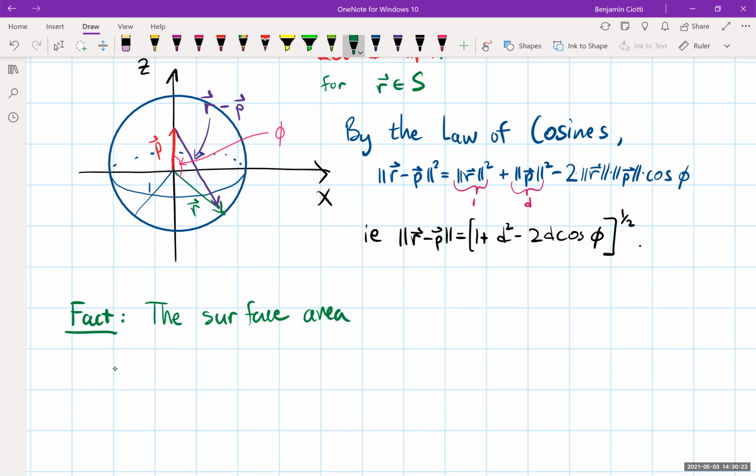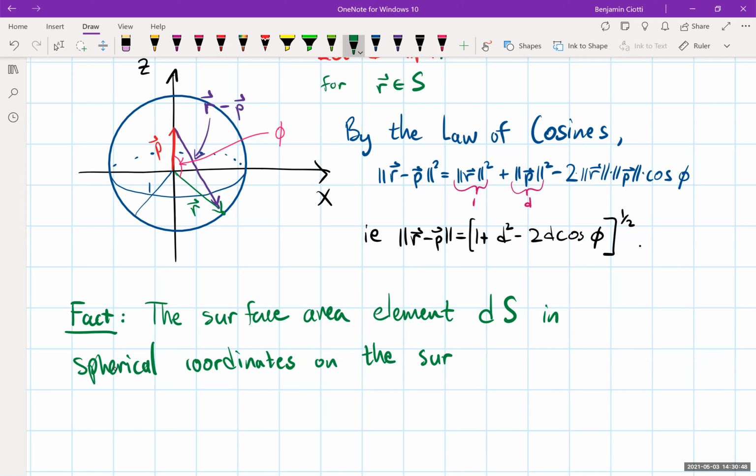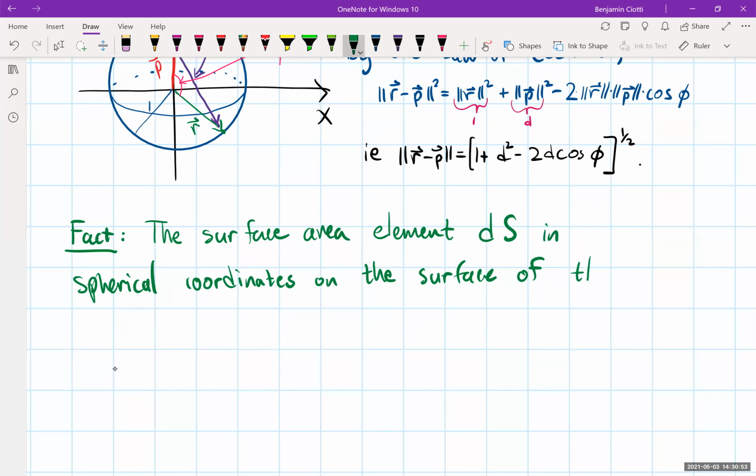So the surface area element dS in spherical coordinates on the surface of a sphere of, let's just say, radius capital R for the moment.